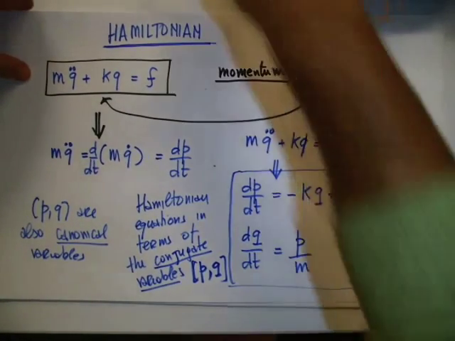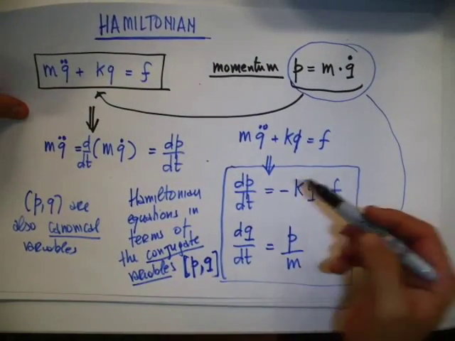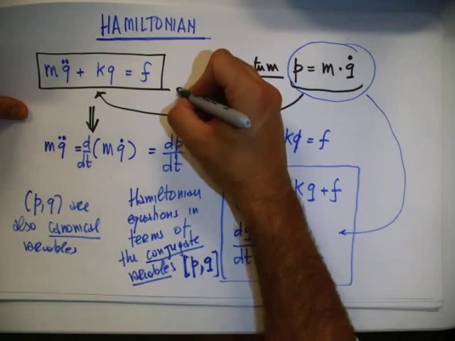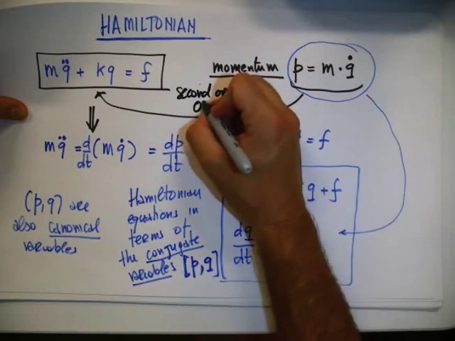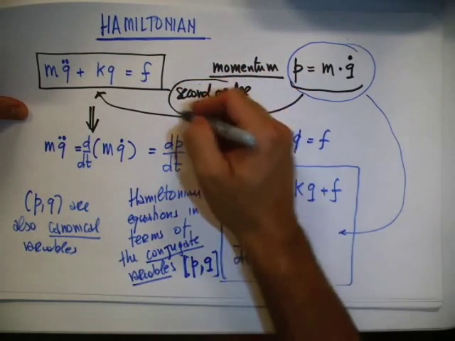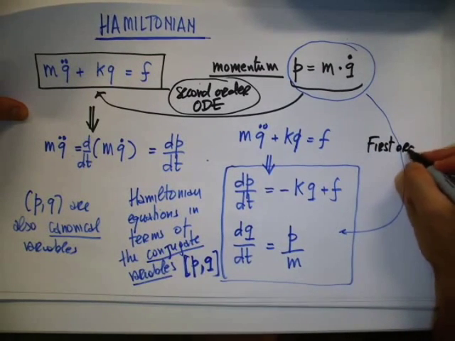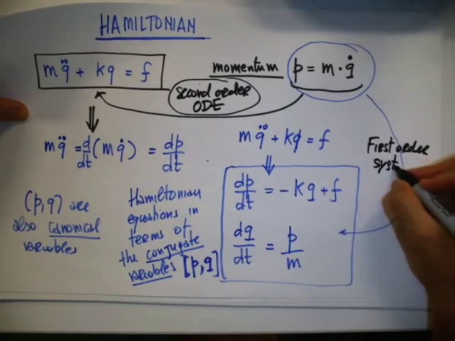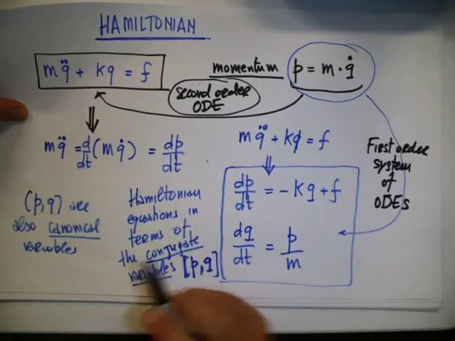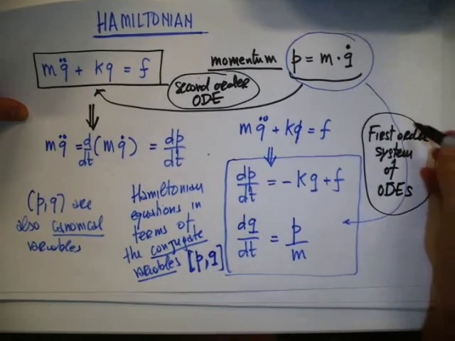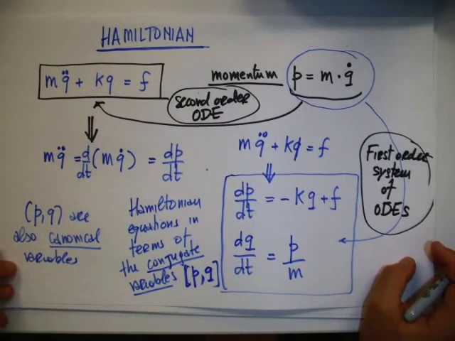Until now we simply did a rewriting of the equations, going from a second order ODE to a first order system of ODEs. That's what we have done from a mathematical perspective.